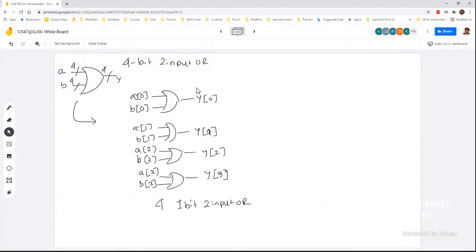So when we draw a schematic like this, fundamentally you need to implement it with NOR and inverter, so it has this circuit inside.